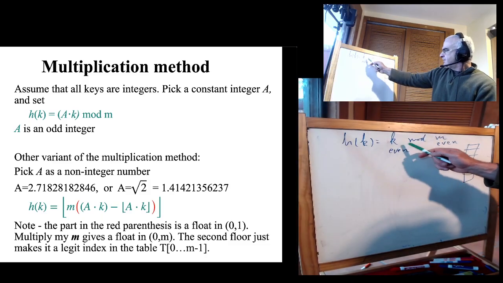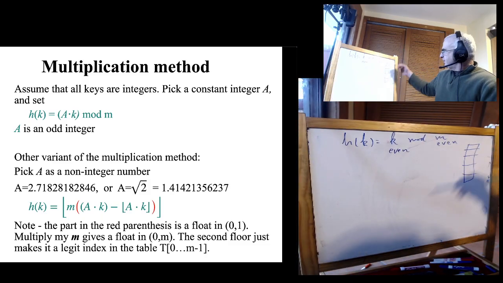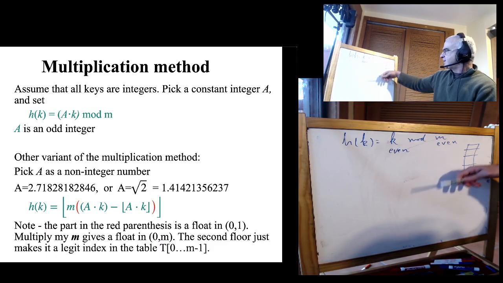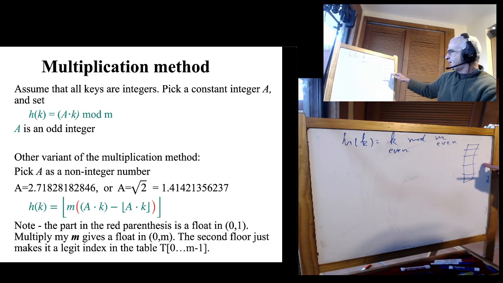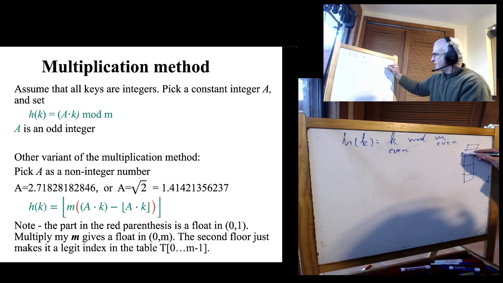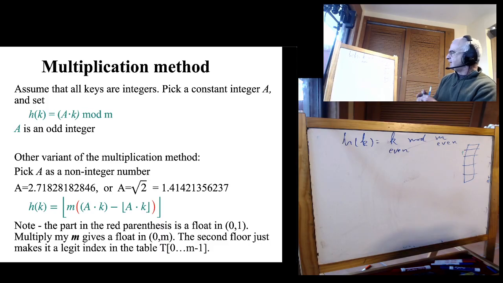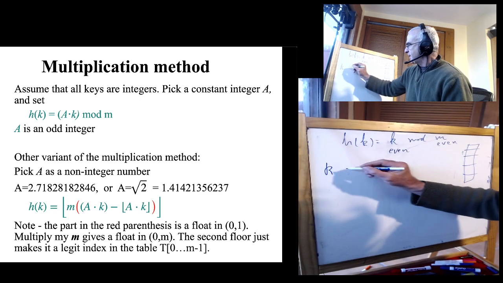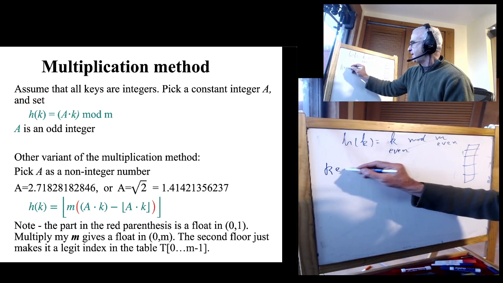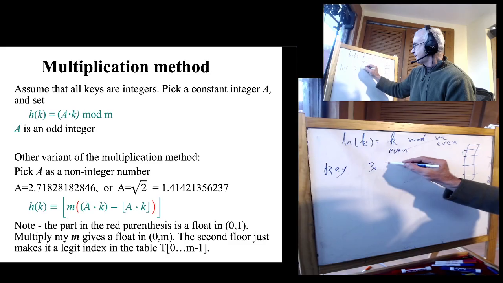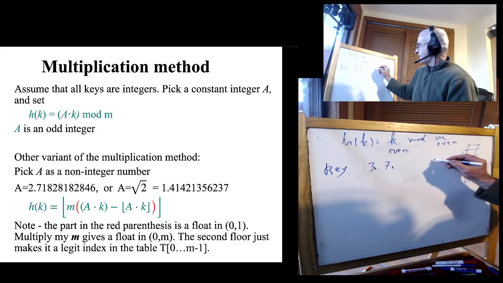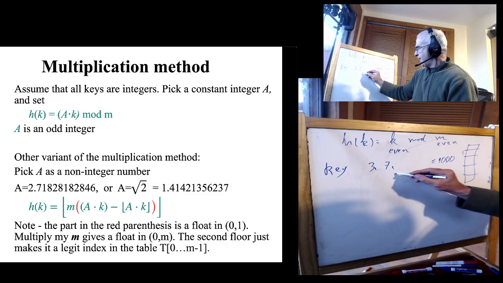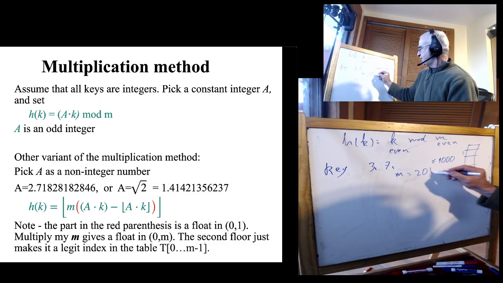K is even, it happens that all your keys are even, and the size of the table is even as well. What's wrong with this? That we never place things in the table at odd cells. Cell number 1 will never get anything inserted into it. That's one problem. Here is another problem. Let's say that the keys are 3, 7, all of them, a lot of keys, but all are larger than 1,000, while m is 2,000.